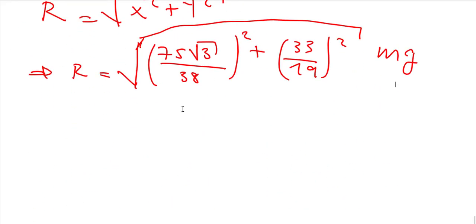So now this means our R will be equal to the square root of, so we have to punch.